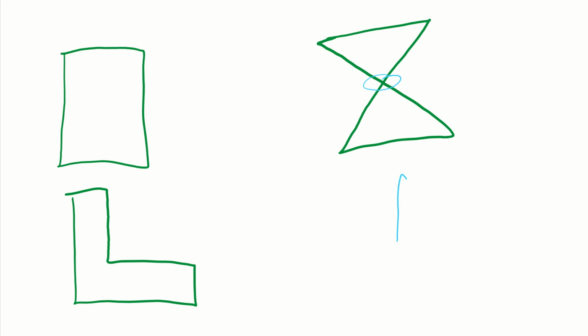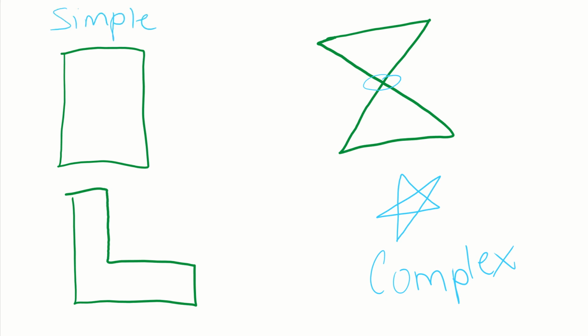Think of a star: this is still a polygon, but we call these complex polygons. The ones that do not intersect, we call simple polygons. What you'll see moving forward will be a lot of simple polygons. And moving forward, we will look at 3D objects and how polygons make up 3D objects.